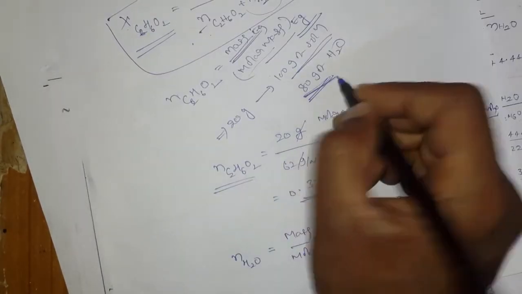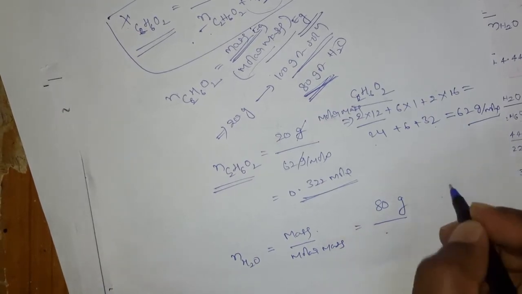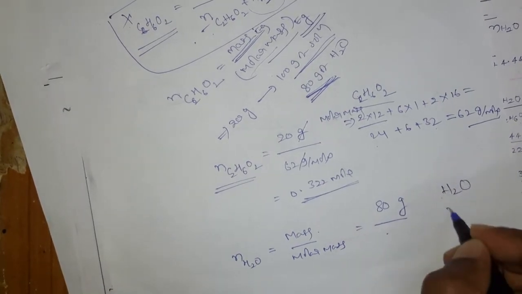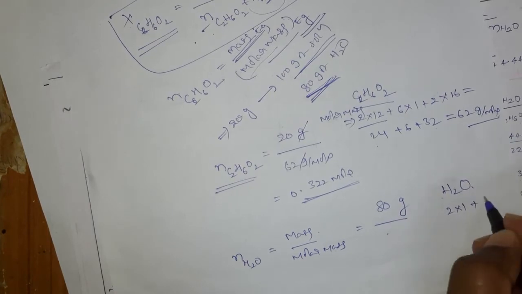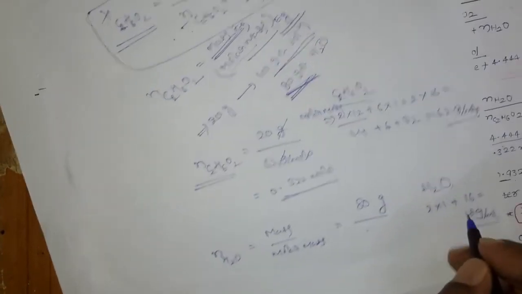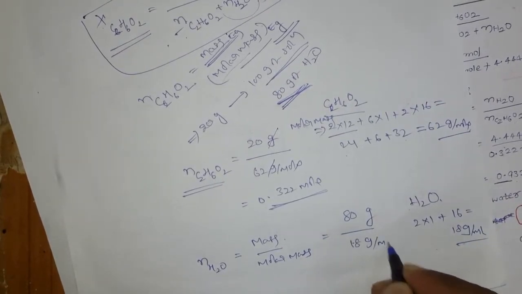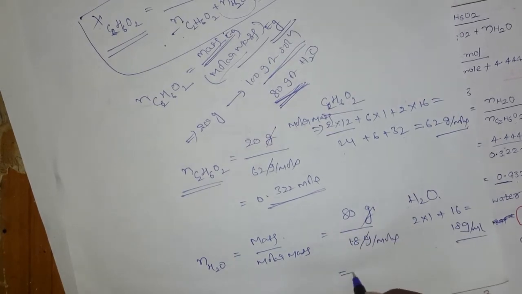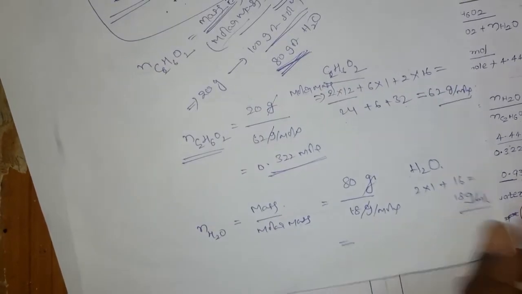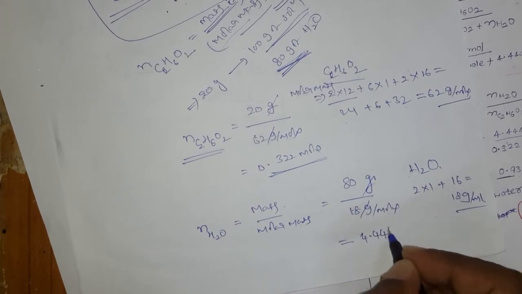The molar mass of water, H2O, is 2 into 1 plus oxygen 16, that is 18 grams per mole. Grams cancel, so 80 by 18 is 4.444 moles.